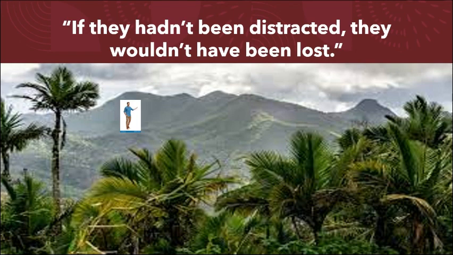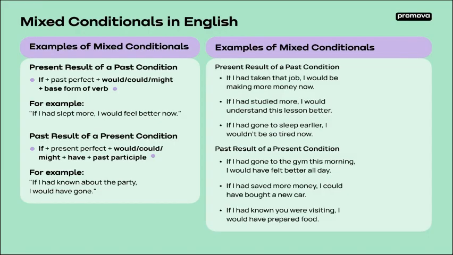Okay? Now that we understand the third conditional, let's get into the mixed conditional. The mixed conditional is an unreal conditional. It utilizes two formulas since it combines both the second and third conditionals.